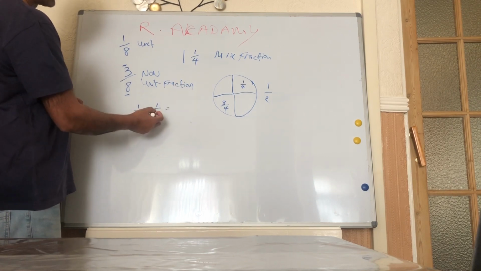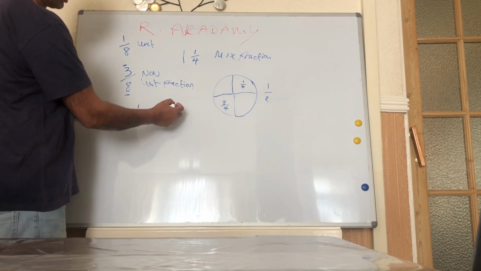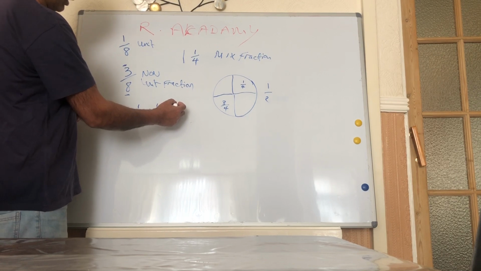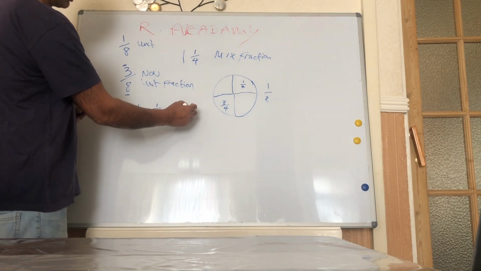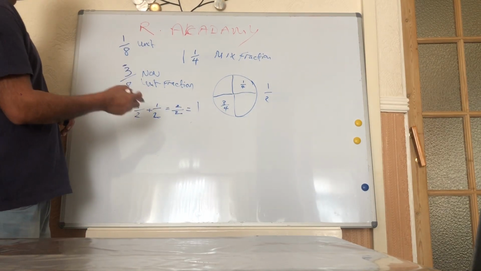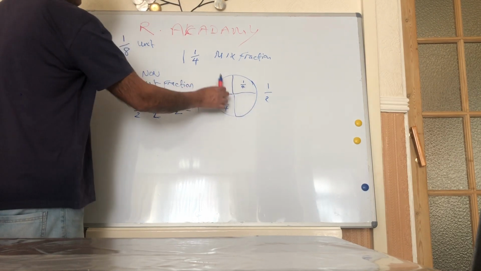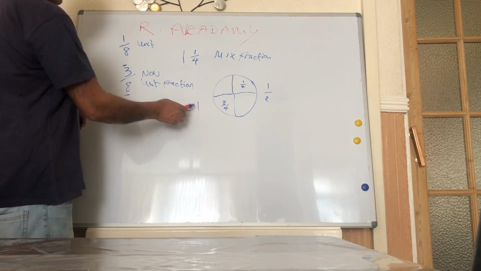So a half plus a half equals 2 over 2, which is 1. So it's a whole. So in other words, half a pizza plus half a pizza equals 1 pizza.